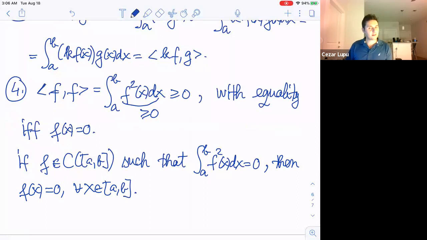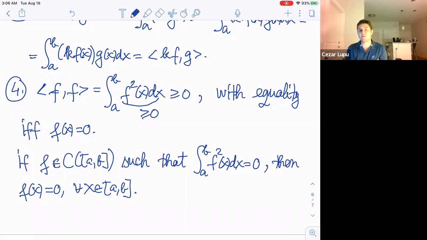And I'm not gonna prove this. It's a little bit involved. It requires some understanding about continuity. Basically, I'm just gonna verbally explain it. If you assume that there exists an x naught for which this doesn't happen, we argue by contradiction.